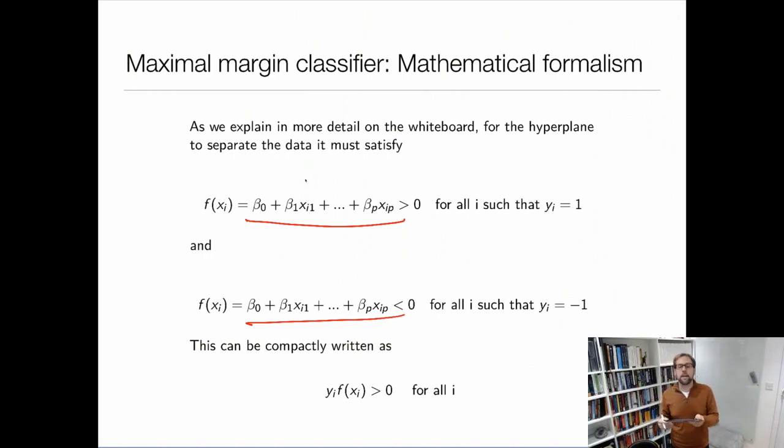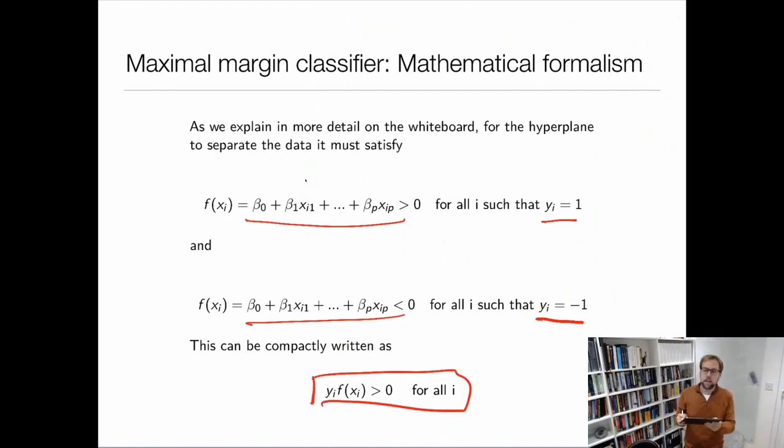So if this is positive, I'm above the plane, and I choose the label to be 1, and if I'm below the plane, I choose the label to be -1. And here's where the nice notation comes in: because I have chosen plus minus 1 rather than 0 and 1, I can write this in one single equation.